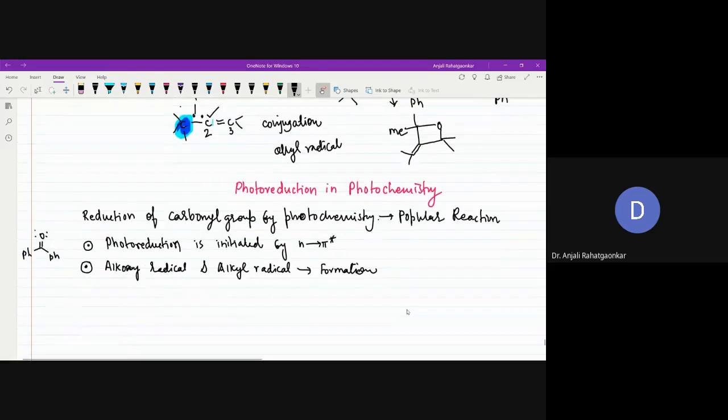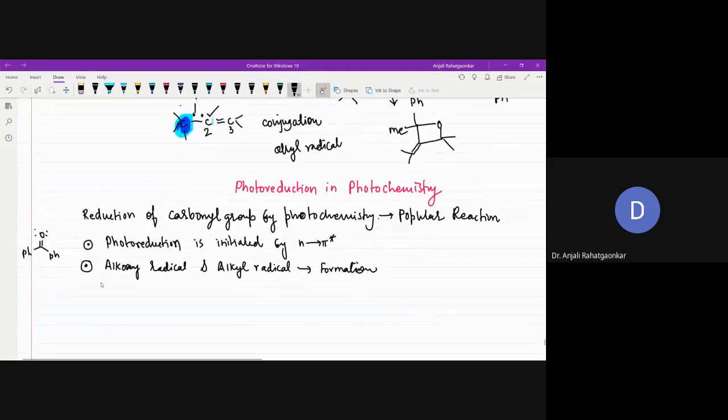Please remember, in which reaction have we seen the alkoxy radical and the alkyl radical generated? Of course, in the Norrish type 2 reaction. So this reaction is similar to the Norrish type 2 reaction, but the mechanism is a little bit different.